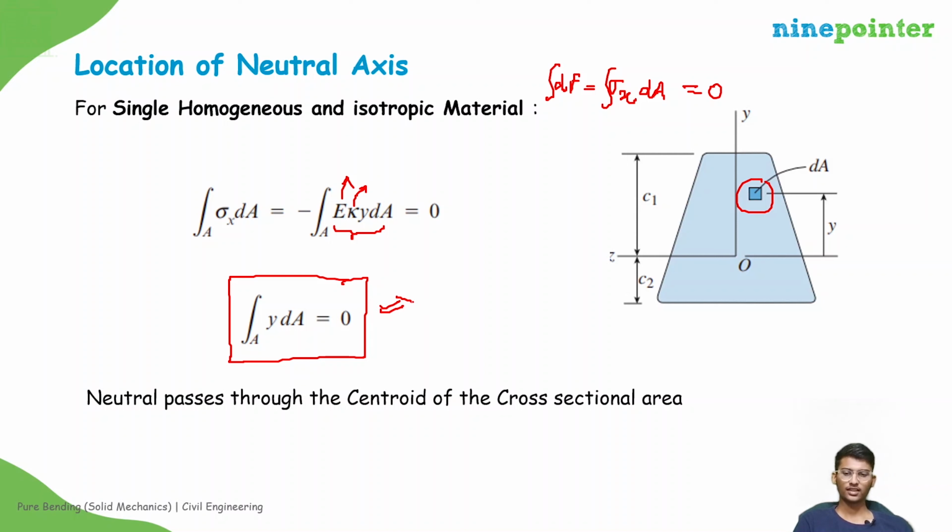This represents the centroid of the cross section. So for pure bending with a single value of E of a homogeneous and isotropic material, the neutral axis will pass through the centroid of the cross section.